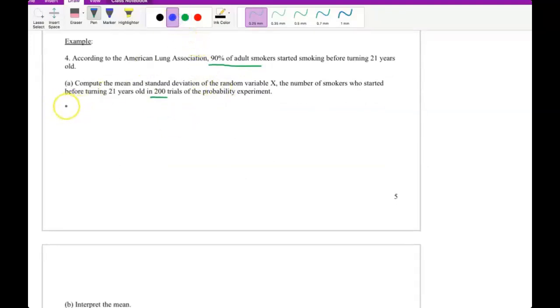Okay. So the number of trials we have is here 200. Then probability of success is on top here, is 90%. So based on that, probability of failure is 1 minus p. So 1 minus 90% is 10%.